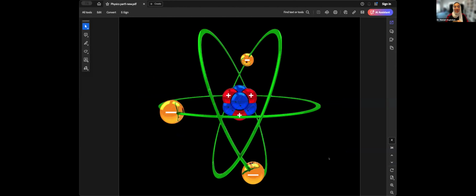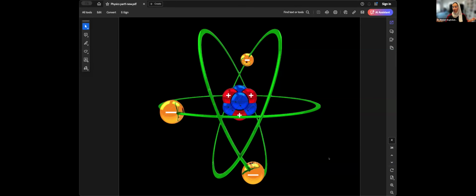Inside the nucleus, we have protons and neutrons, and outside of that, we have electrons. The nucleus is usually a positive force, because the protons are positive. The neutrons have no charge. And then we have electrons, which are a negative charge that go around the atom.